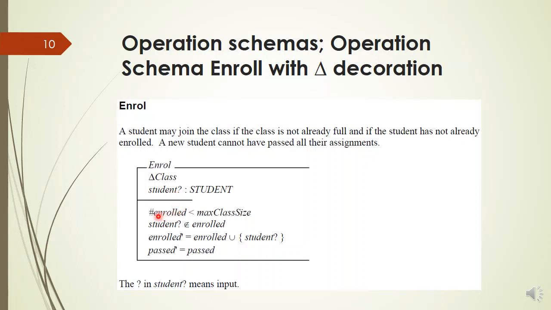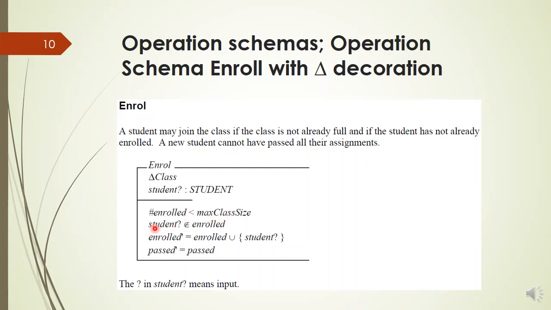And this is the first precondition for the operation enroll, that the number of enrolled students must be less than the size of the class. At the time of enrolling a student, the already enrolled students must not be equal to the size of the class. It must be less than the size of the class.